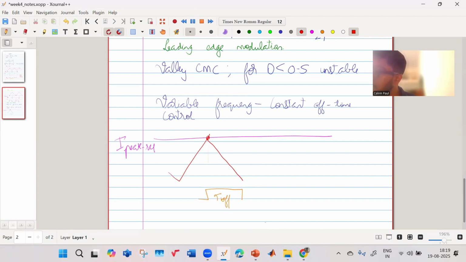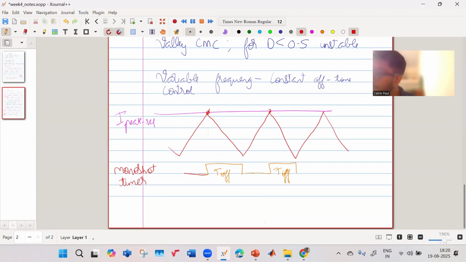Then again it will rise, and when it touches that peak, again it will be off for a fixed time. So this is the fixed time for which it is off. And then again it will rise. This is repeated again. This comes using a monoshot timer.